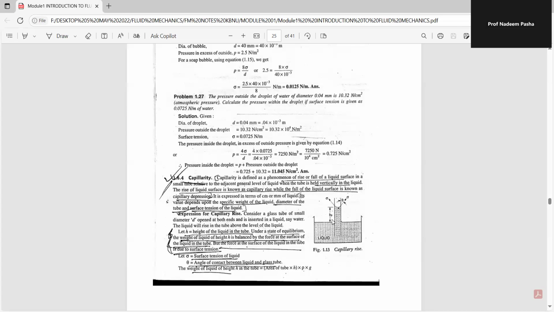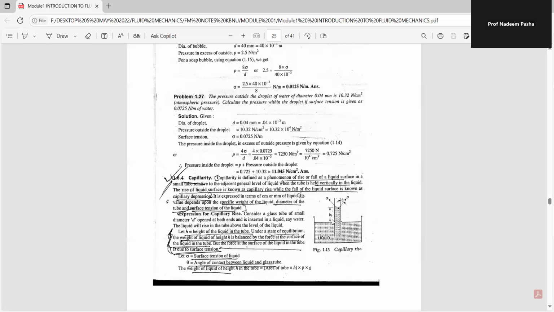What is happening in equilibrium? The weight of the liquid of height h is balanced by the force at the surface of the liquid in the tube. Who is balancing this weight of liquid of height h? The tensile forces acting on the liquid surface, that is due to surface tension.